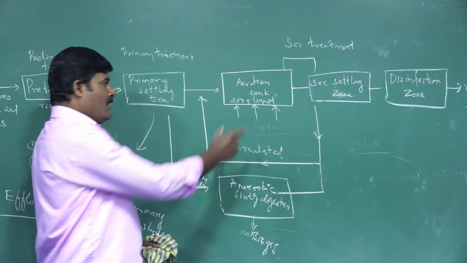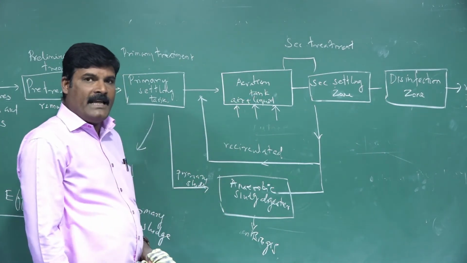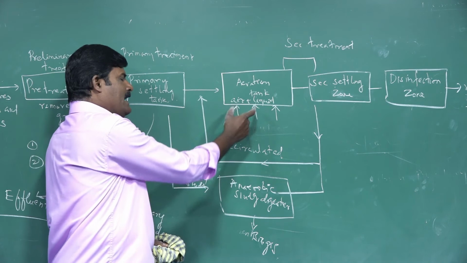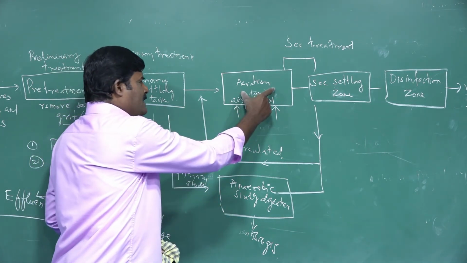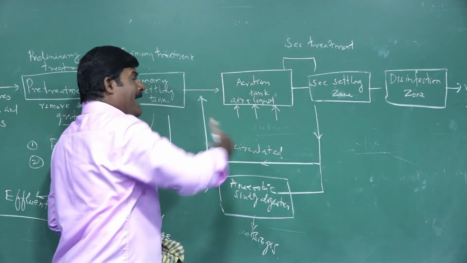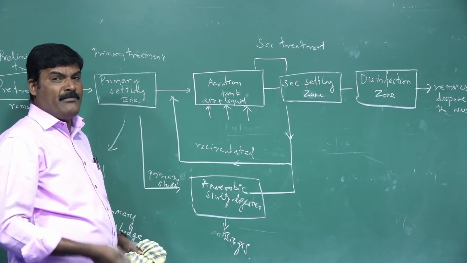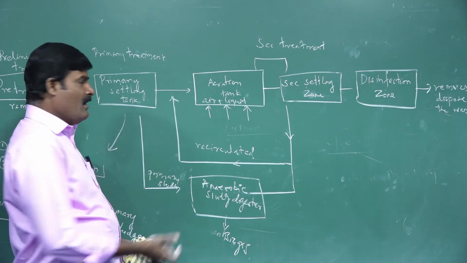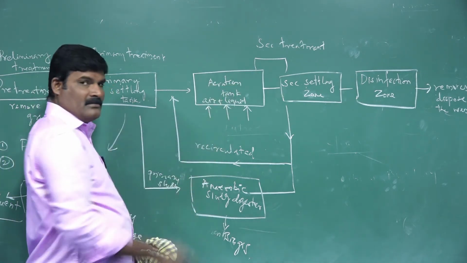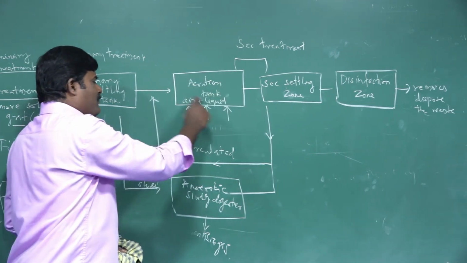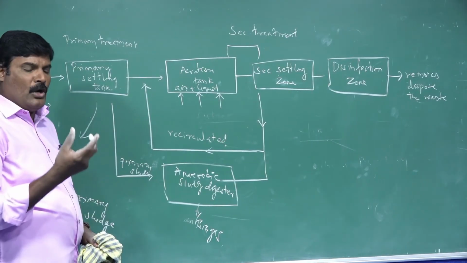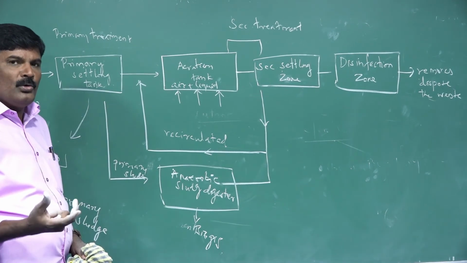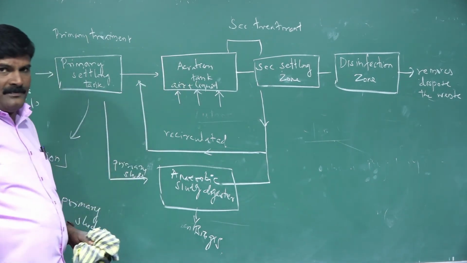Come here. Aeration tank. What is an aeration tank? This tank has air pumped into it. Here, the waste or effluents are constantly agitated. Agitated means mixing mechanically by machines. And air is pumped into it. The presence of air allows the rapid growth of aerobic microbes.